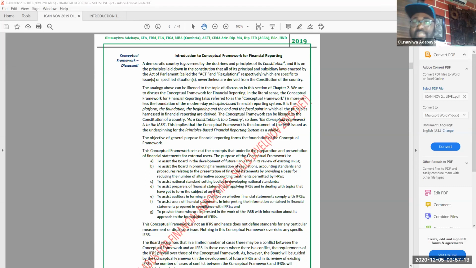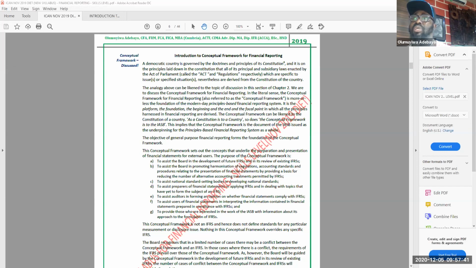A common one is the convergence program between the International Accounting Standards Board and the FASB, the Financial Accounting Standards Board of the United States of America. And you find that over a journey of 10 years now, there have been serious efforts to harmonize accounting standards such that US GAAP is in alignment with International Financial Reporting Standards.